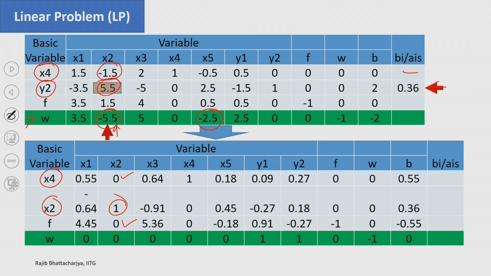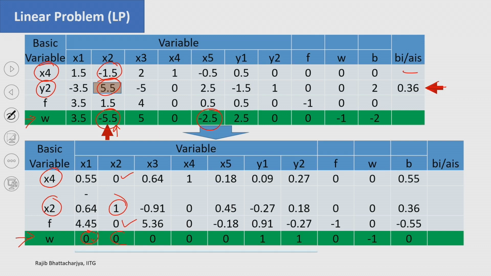So, y 1 and y 2 are not there, and if you look at the phase 1 objective function w equal to y 1 plus y 2, there is no negative coefficient, all coefficients are positive. So, that means you cannot minimize this further. So, you got the solution of the first phase.